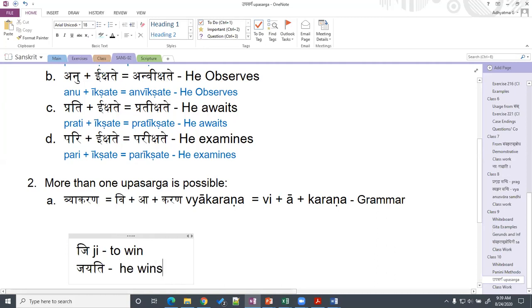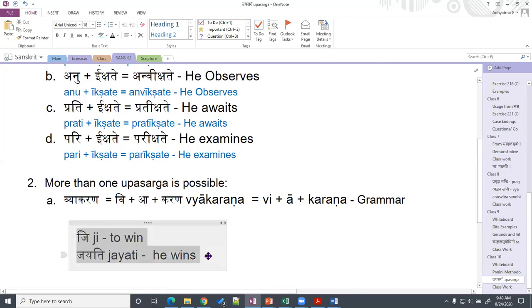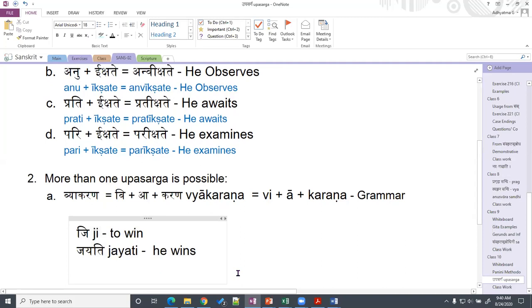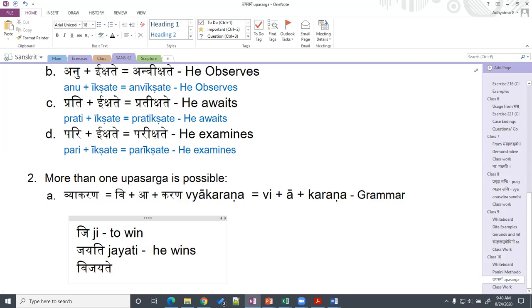He wins. Jayati. If you put vi as the prefix, then it becomes jayate. It becomes atmanepadi. You see, so in some cases that may happen, vijayate.